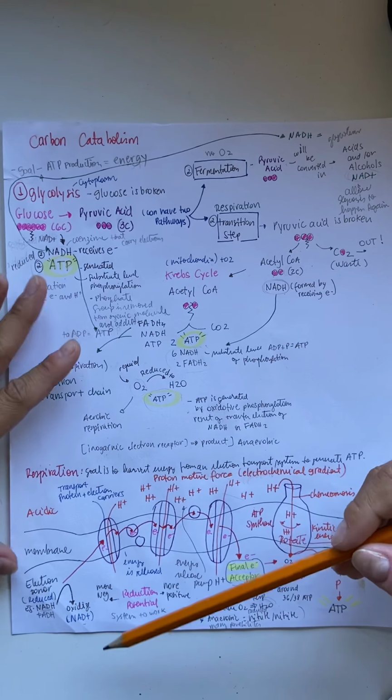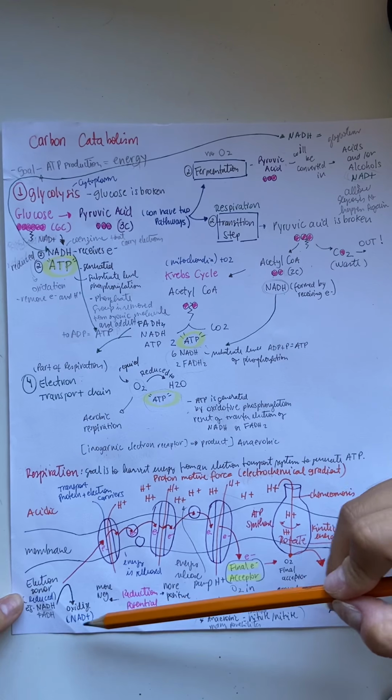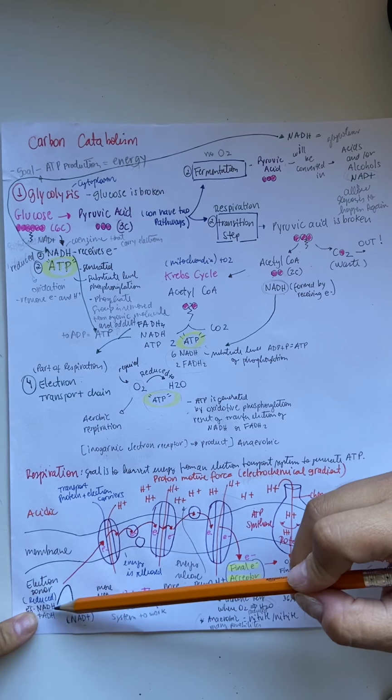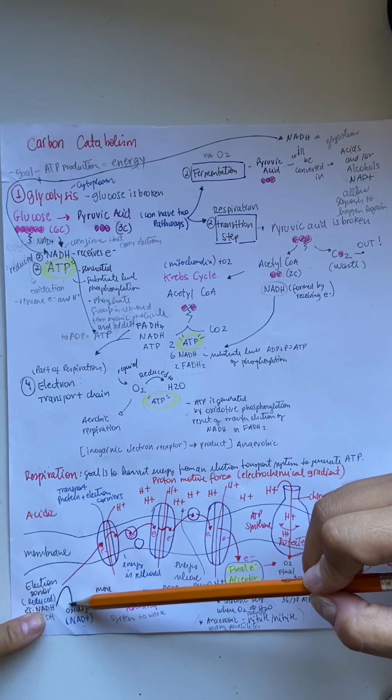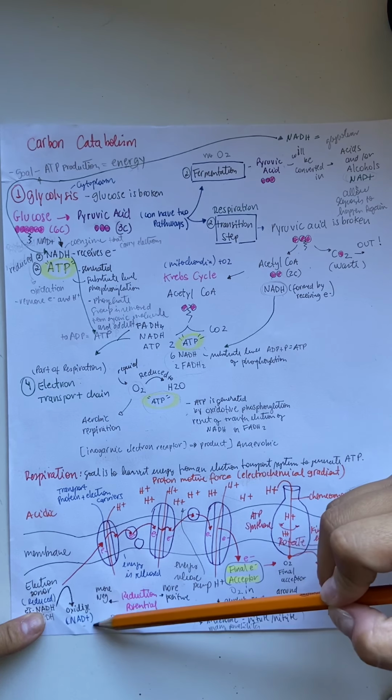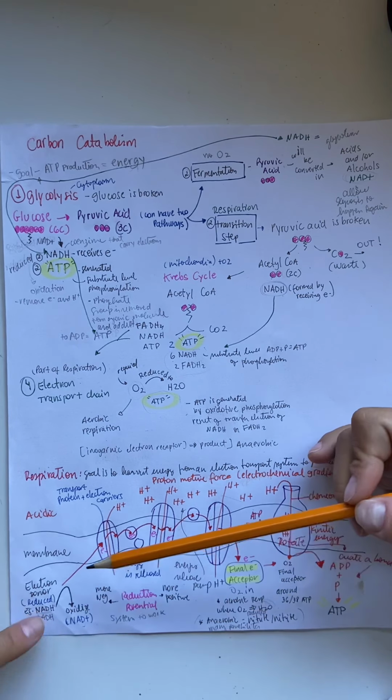So what happens here is that we're going to have an electron donor, as an example NADH. This NADH will be oxidized, which is going to result in NAD+.